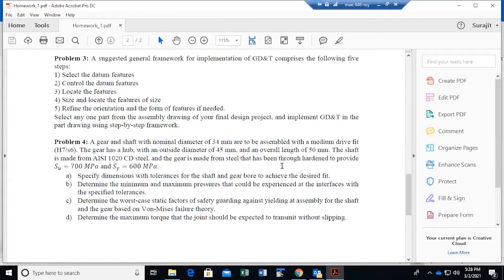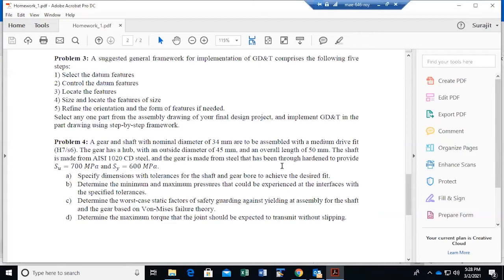Use those 5 steps and see, if you have to specify GD&T symbols in your drawing, how you would represent them. If the group has 5 members, all 5 members are not going to work on only one drawing. If you have 2 or 3 drawings, you are going to work on different drawings and identify those features.